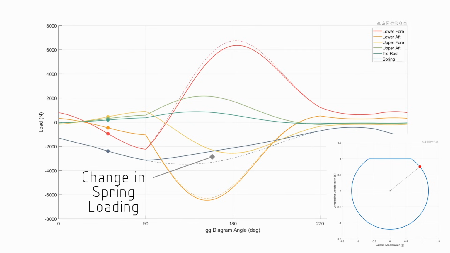And this is really just because in this loading direction, the wishbones now have more vertical component to the direction of their links.